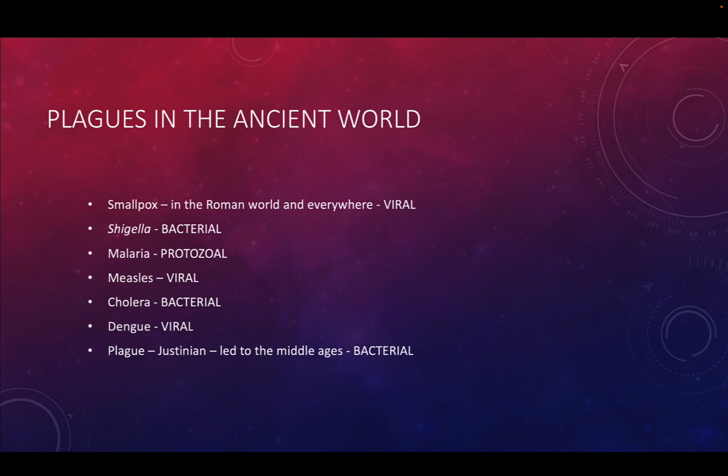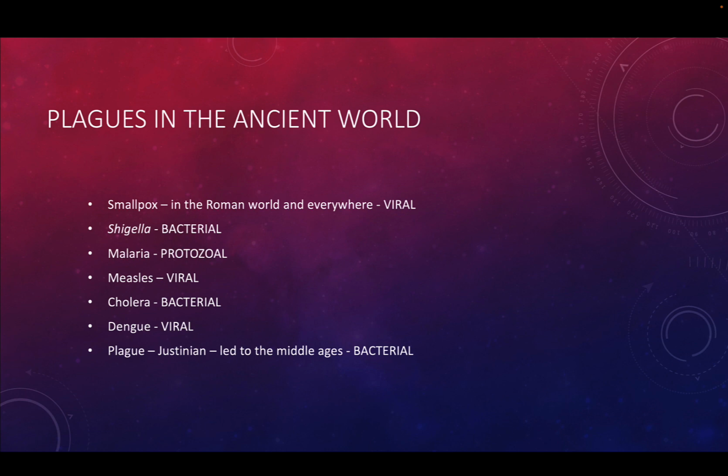Measles is a virus. Cholera, we'll talk more about some of these in later sections. Cholera is also a bacterial infection that is transmitted by contaminated water and does cause gastrointestinal complications. Dengue is thought of as a tropical or subtropical viral infection transmitted by mosquitoes, but we do sometimes see dengue in the US in states like Texas and Florida.